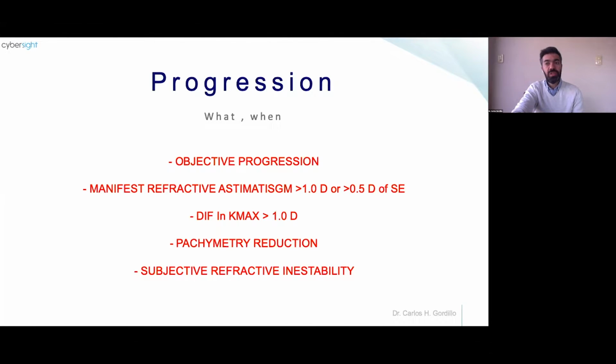Sometimes we don't see the progression at the beginning because we don't do topography to all patients, but if they are changing the glasses and they tell us they have changes in the vision, we need to pay attention to that.